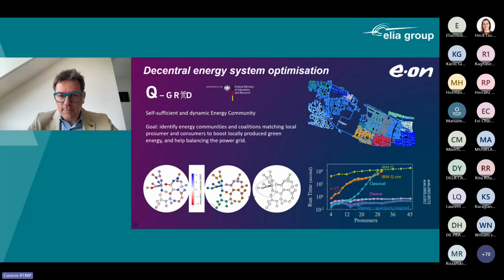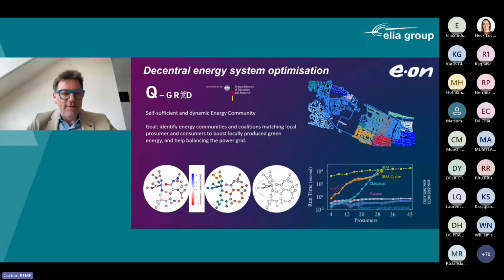For example, if you look at the top right plot, this is a view of a zip code in Munich. And you can imagine that you want to group customers together, and you can do it based on proximity or other measures. If you look at the bottom part, the bubble on the left, we see this plot that we saw already before, where we have in red some production units that are proposed to inject energy into the grid, and then we have some consumptions shown in yellow and blue.